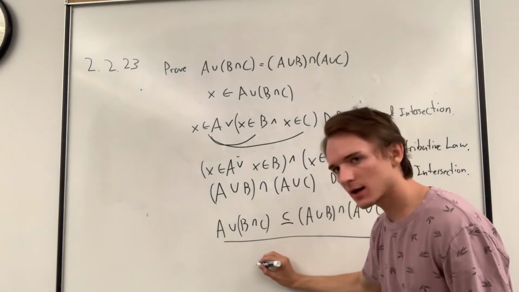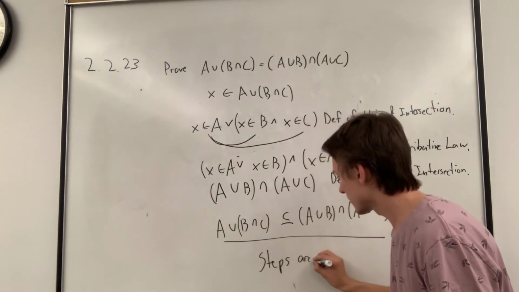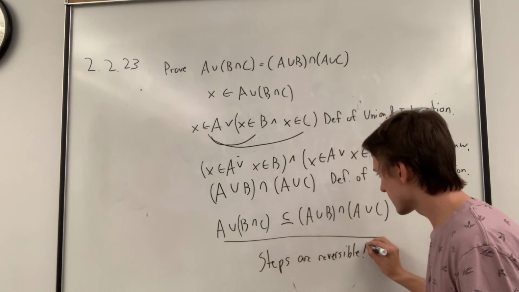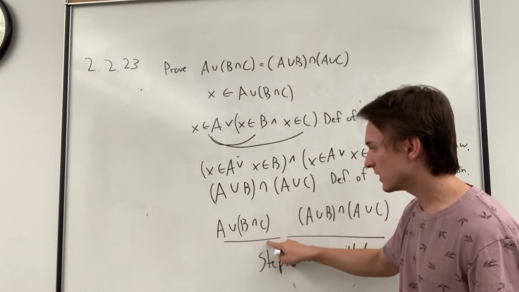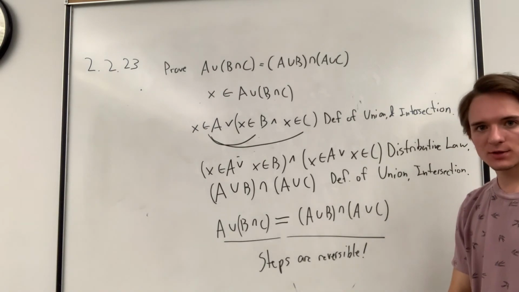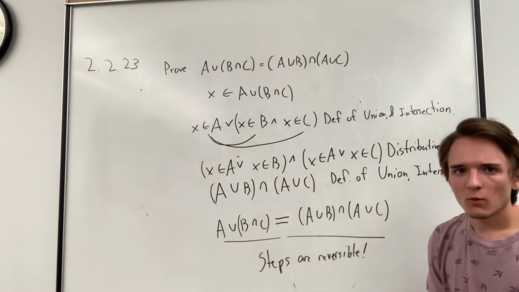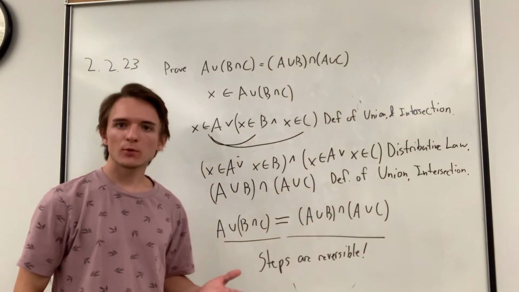So because all of the steps are reversible, we would say that our expression A union B intersection C is equal to A union B intersection A union C. Now, we wouldn't be able to say this if some of these steps weren't reversible.